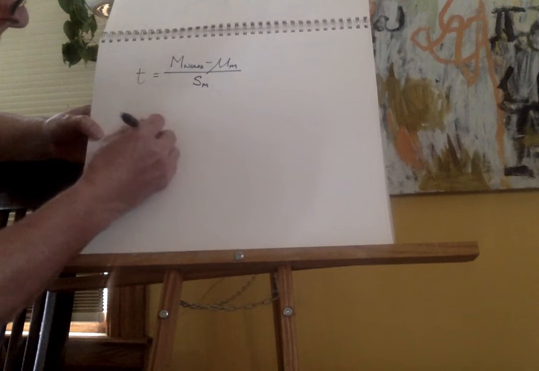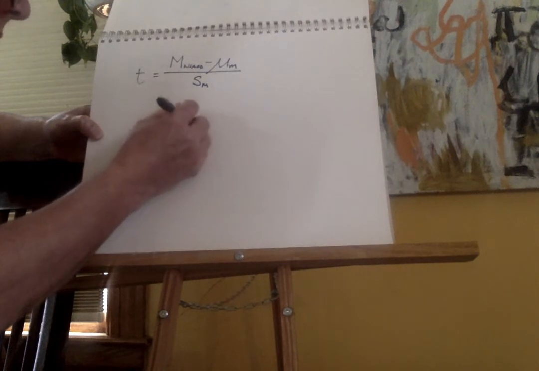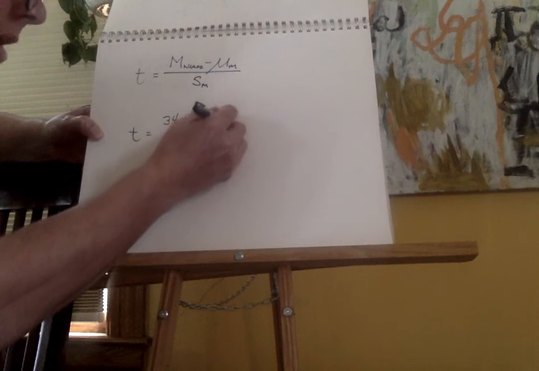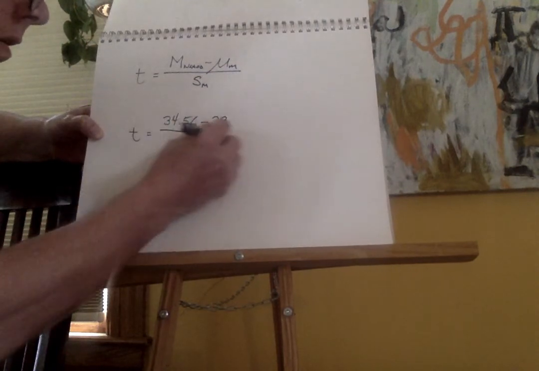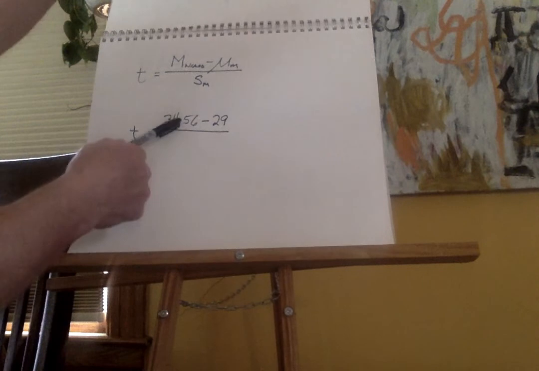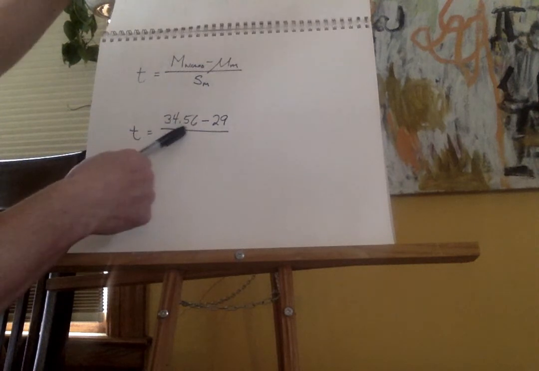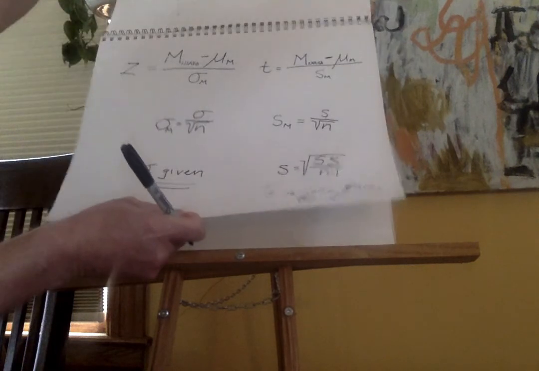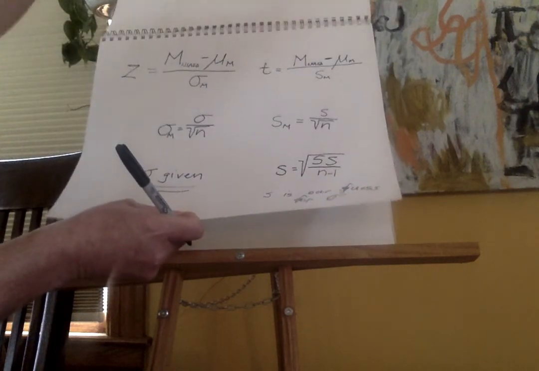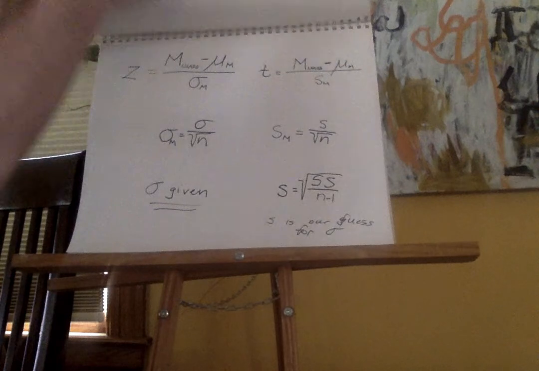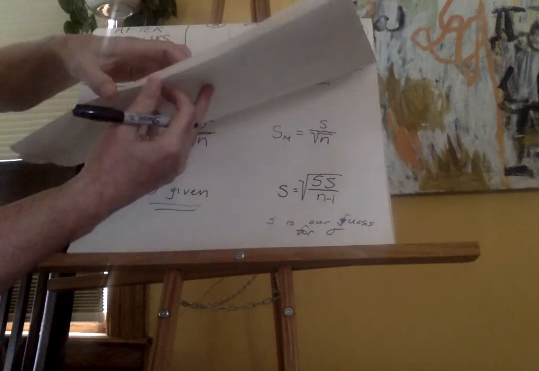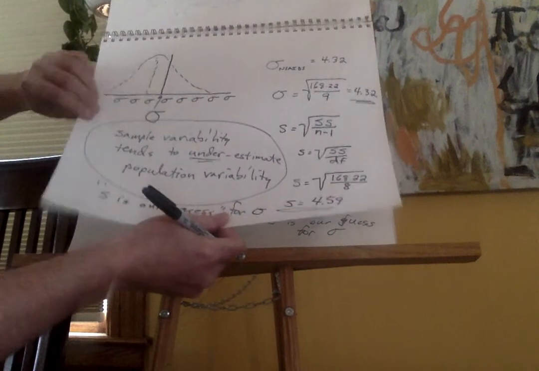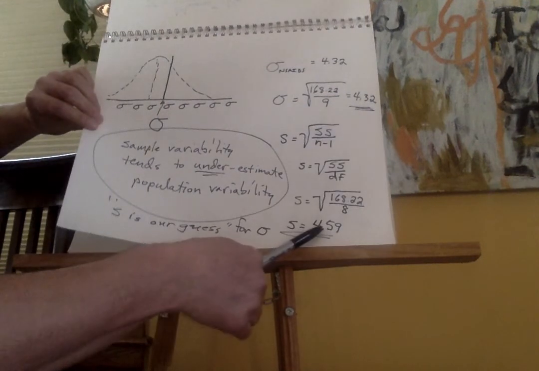So the t is 34.56 minus 29, okay? That's the comparison. How did our treatment group do compared to what we normally see? Let's look for that S sub m here. Okay, so our S was 4.59.